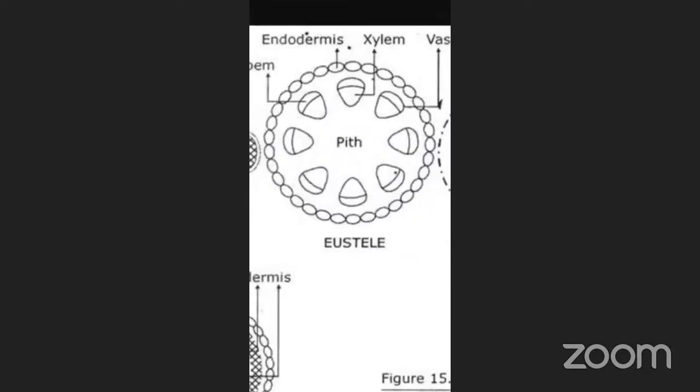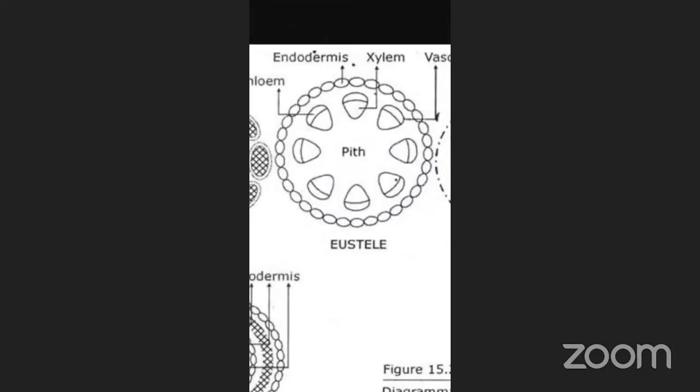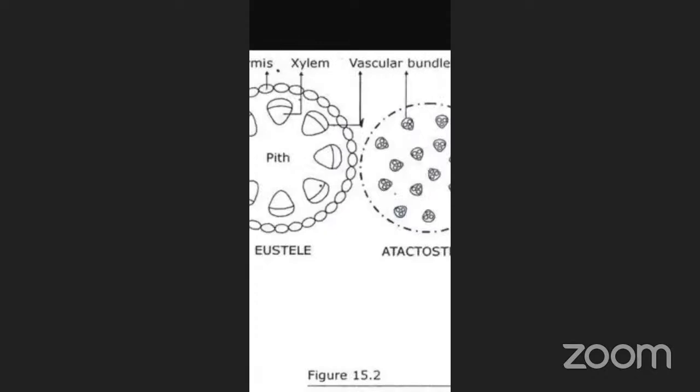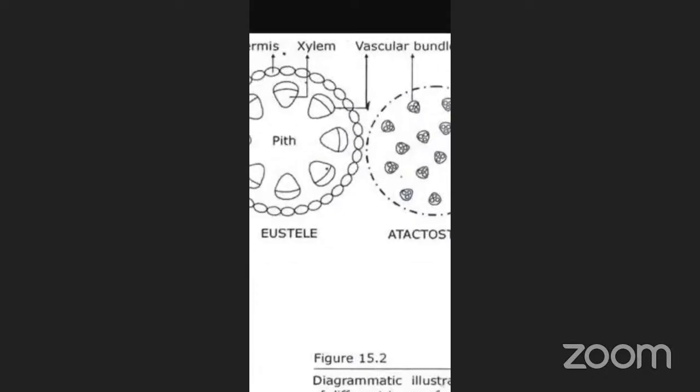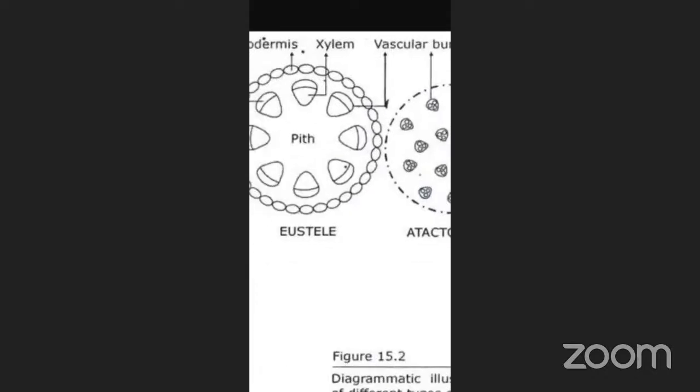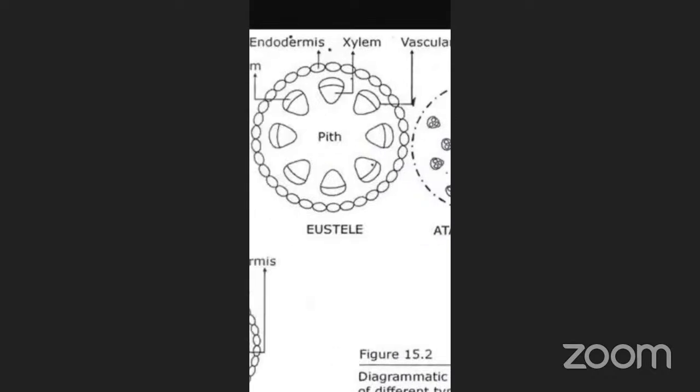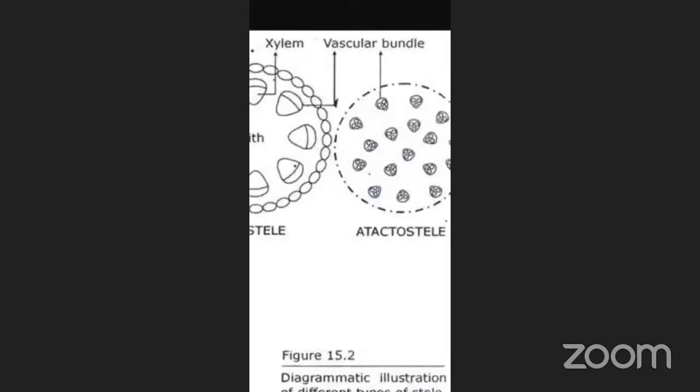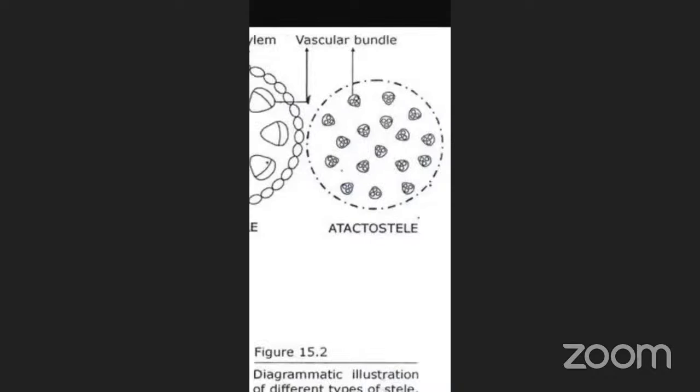Eustele is found in the dicots, as well as the gymnosperms. Eustele and atactostele: what is the difference here? In eustele the vascular bundles are formed in a ring-like structure, but in atactostele there is no ring-like structure.